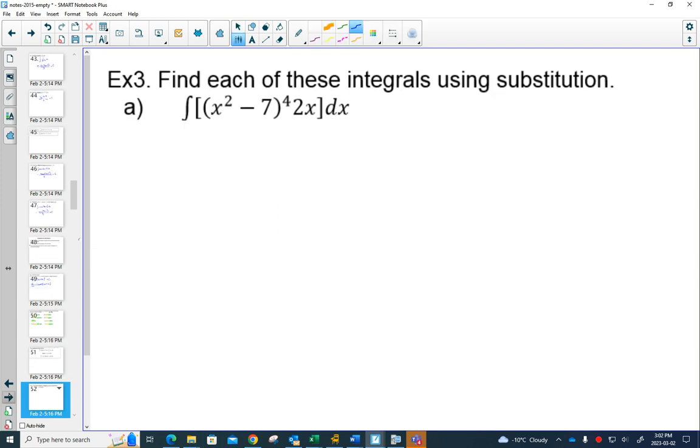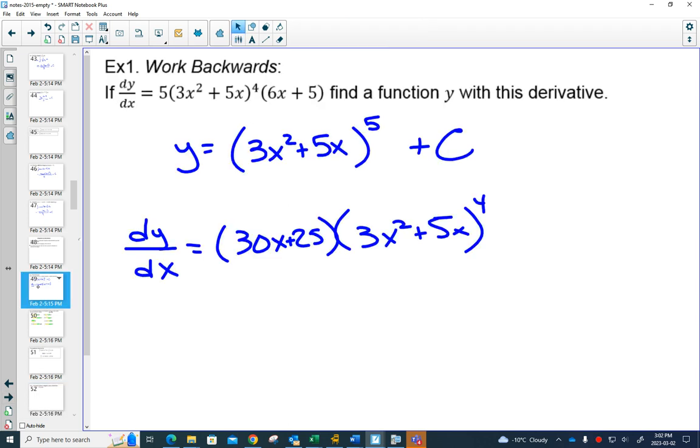So, here's our first one. We want to integrate this. What makes these not as easy? We started off with just the working backwards. The working backwards one I gave you with the chain rule, everything matched up perfectly.